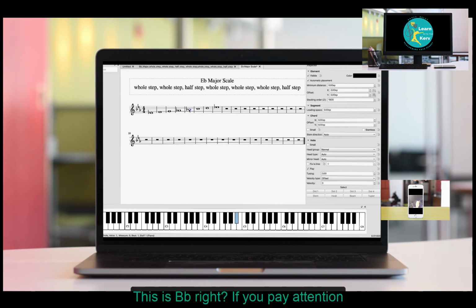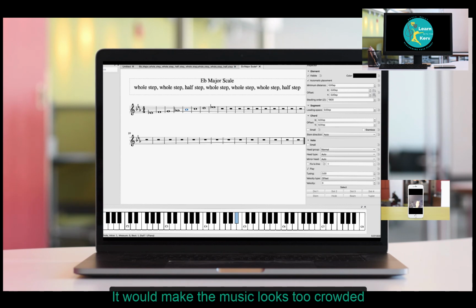For example, this is B flat, right? If you pay attention, this line is called B. We have a flat on that line already, so we don't need to have a flat in front of this note again. It would make the music look too crowded.